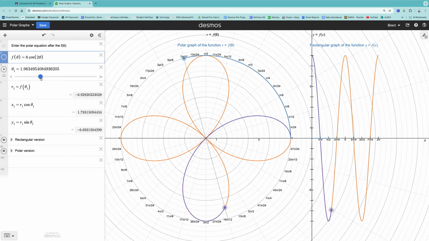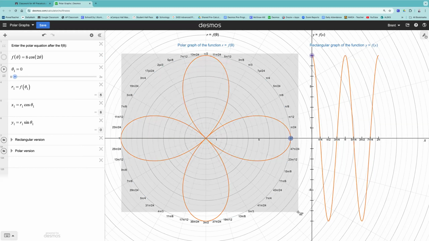Do I complete the graph at pi? If I move this to pi, have I completed the whole graph? No. How long will it take to complete the whole graph? It'll take 2 pi, that's right. It takes 2 pi to complete this whole graph because it was an even number.